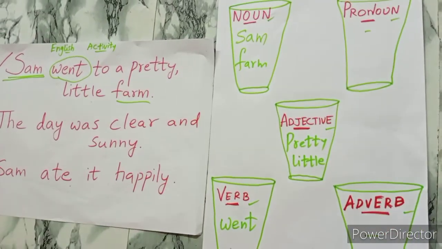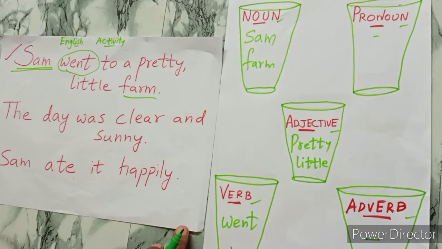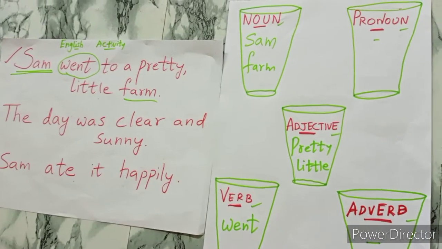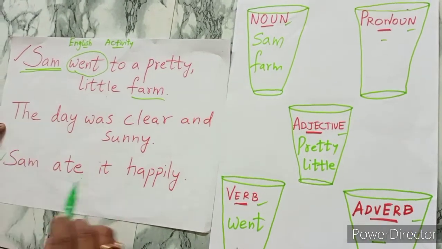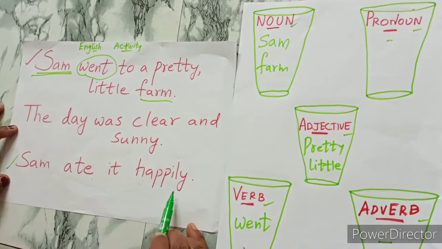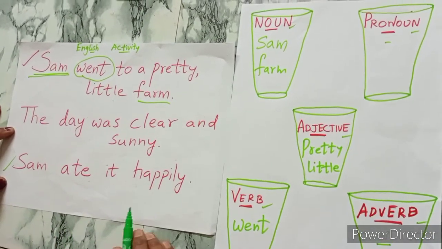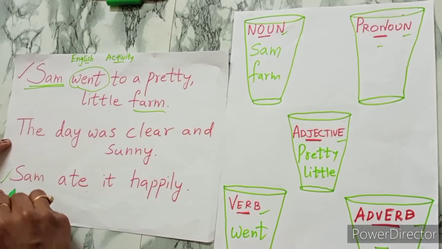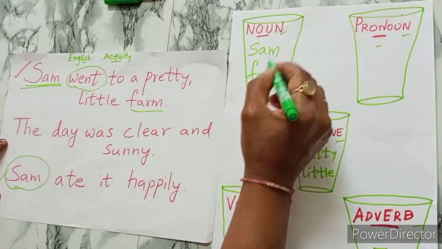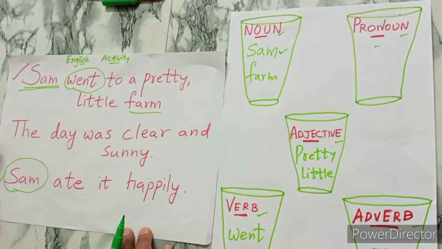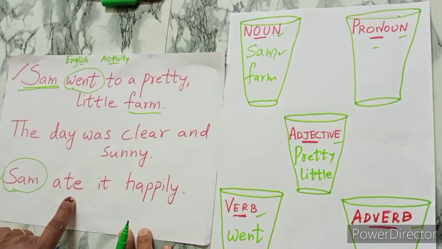In the same way, we will see the next sentence. One more sentence I will show you. Sam ate it happily. So, what is the noun again here? Sam is the noun. Already it is there. Ate. Ate means what? It is the doing word.